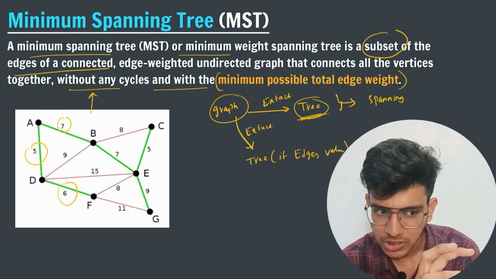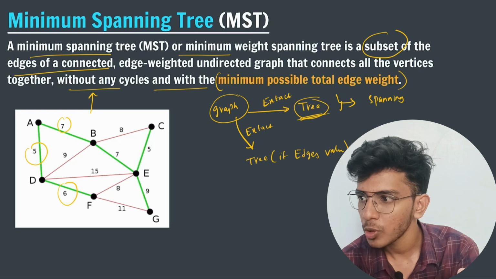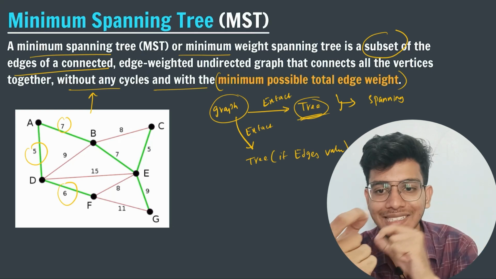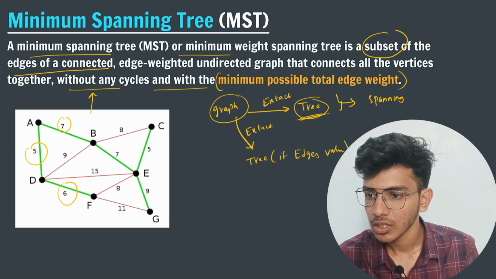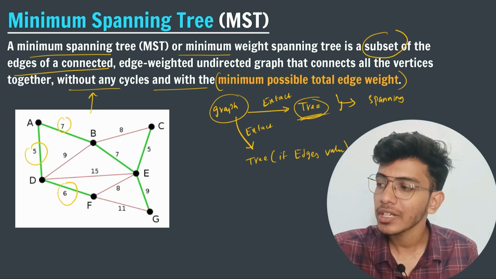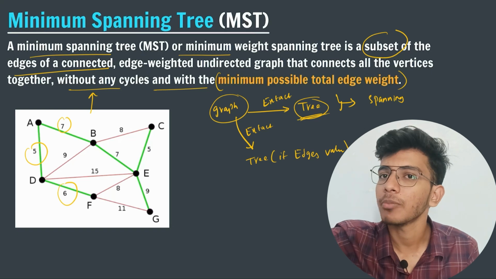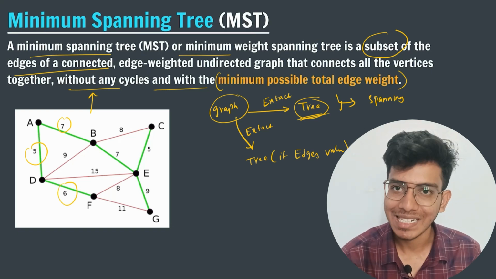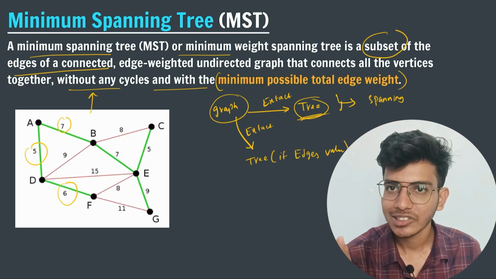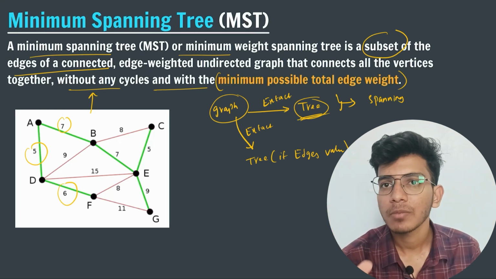But the main motive is that from this graph we need to remove cycles, and the edges should be connected in such a way that the weight of each and every edge is minimum. If I can create this condition, then it is said to be a minimum spanning tree.